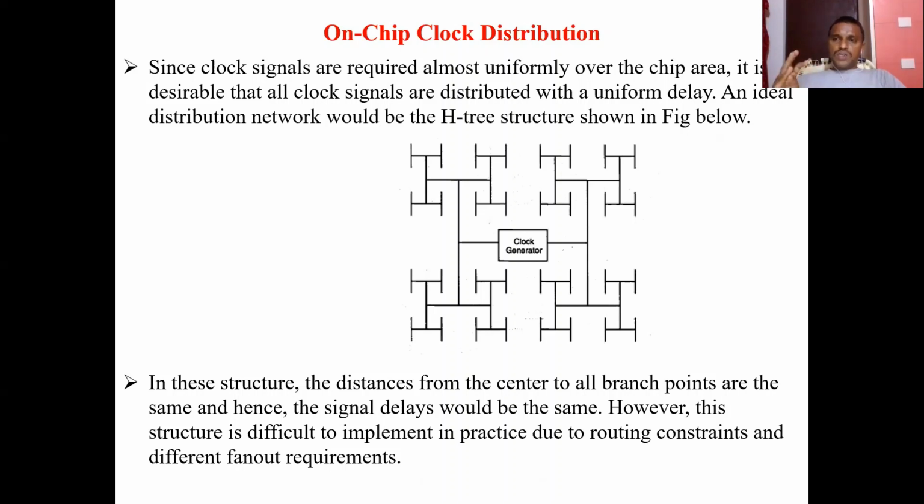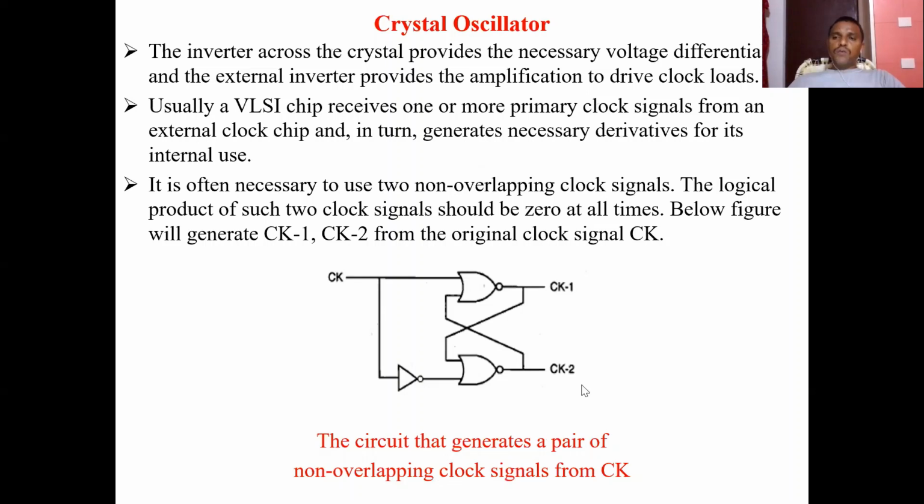One is the ring oscillator, another one is what we call the crystal oscillator, and the next one is the circuit that will generate two non-overlapping clock signals from a single clock. So these are the different generating techniques of on-chip clocks.